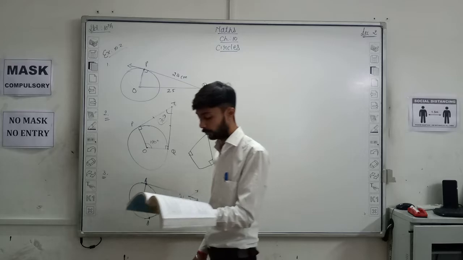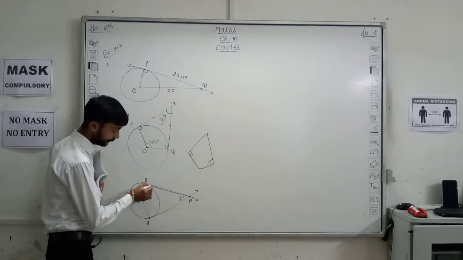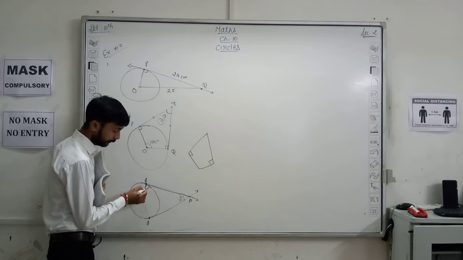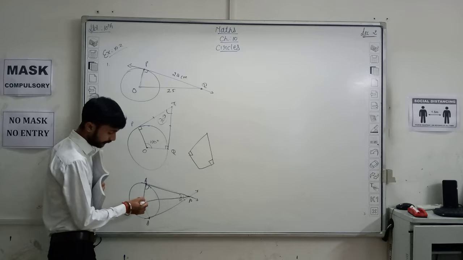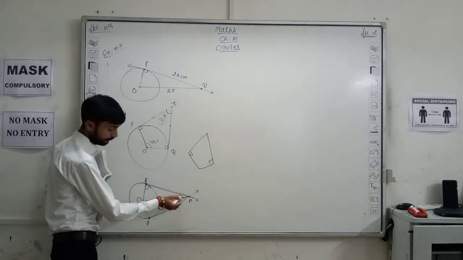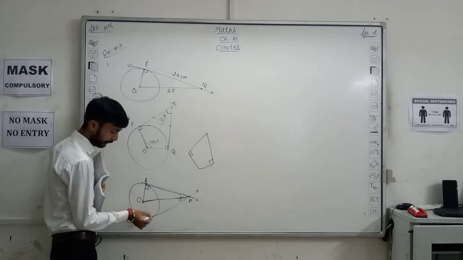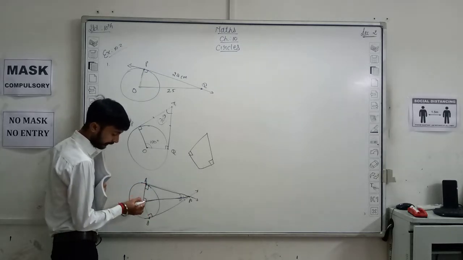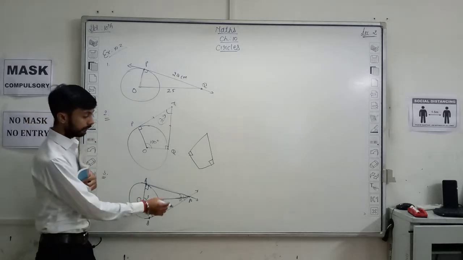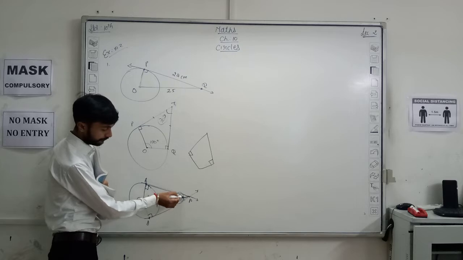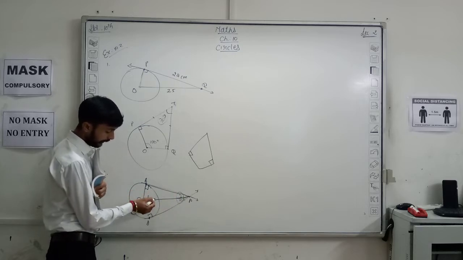Then angle POA is equal to, see, this POA, we need to find. These angles are already perpendicular, so we have to find this angle. Now see, this is 80 degrees.